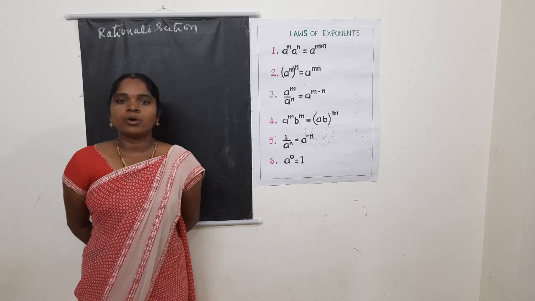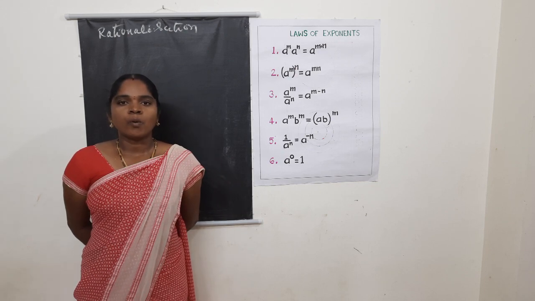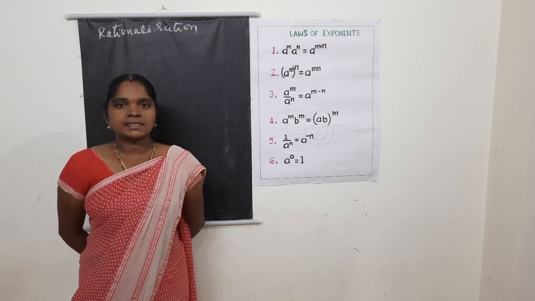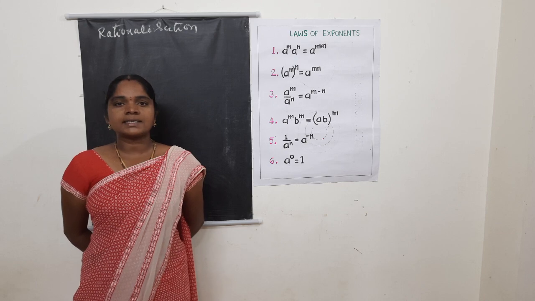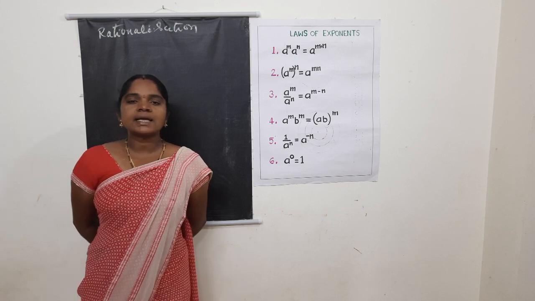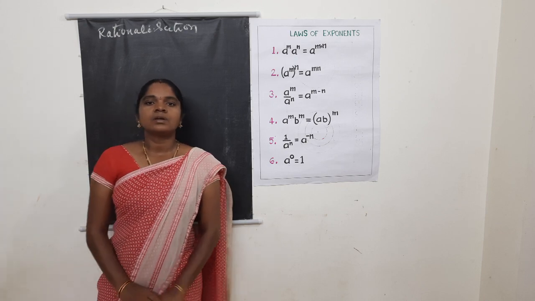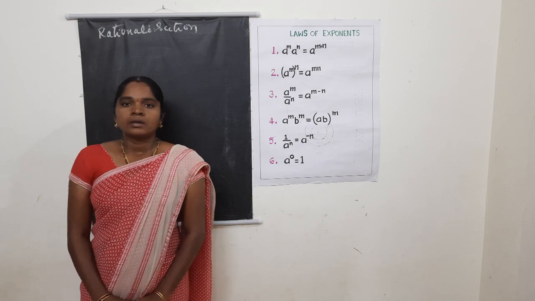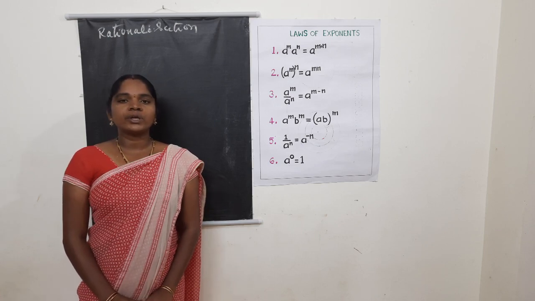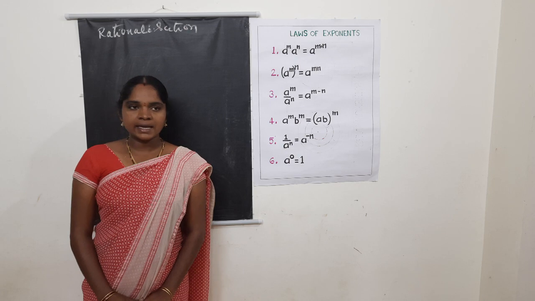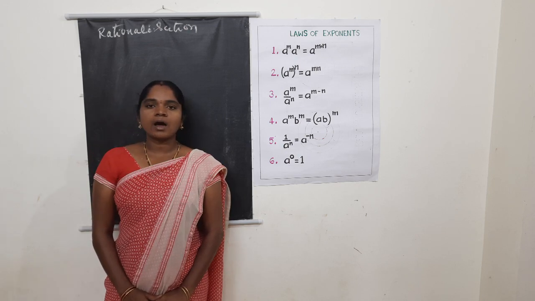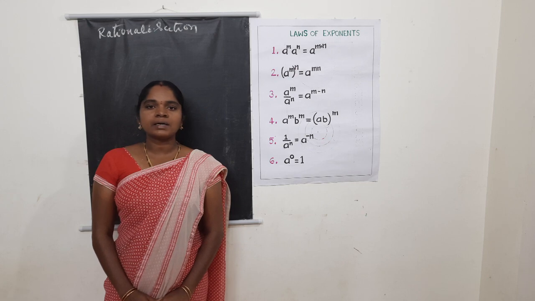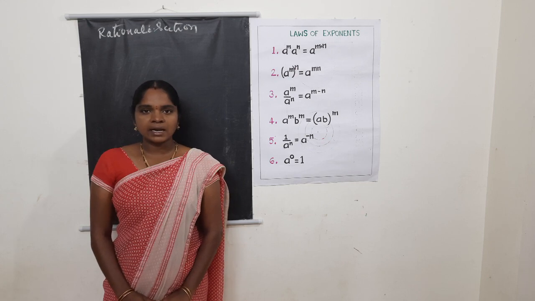Students, you know what rationalization is? Rationalization means the product of two irrational numbers is a rational number.